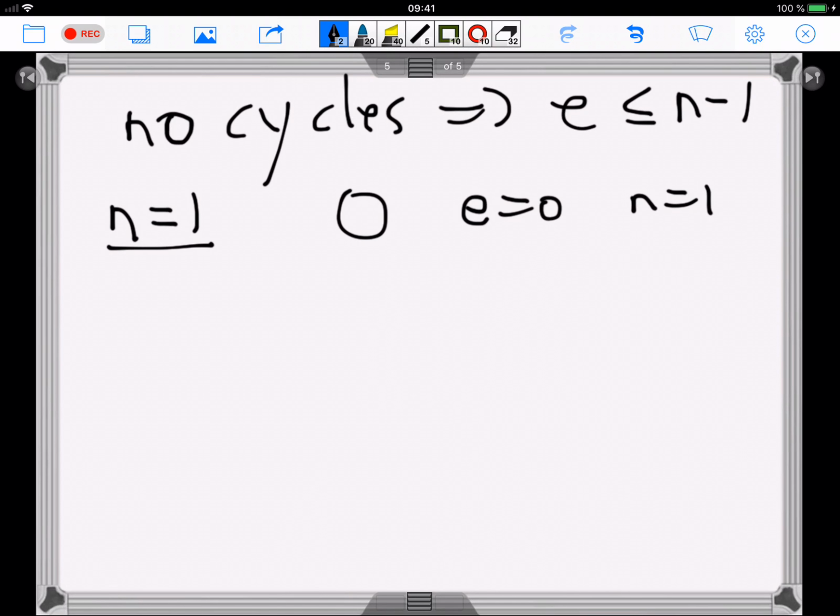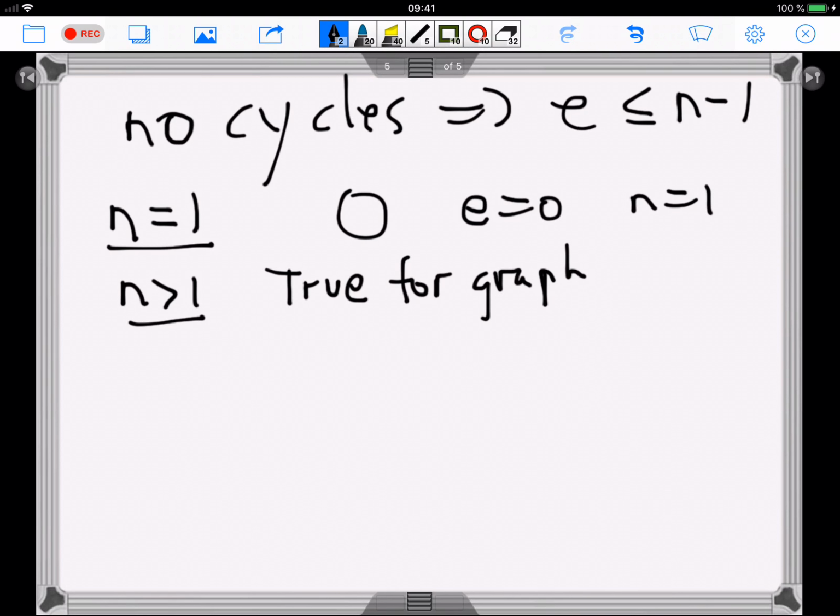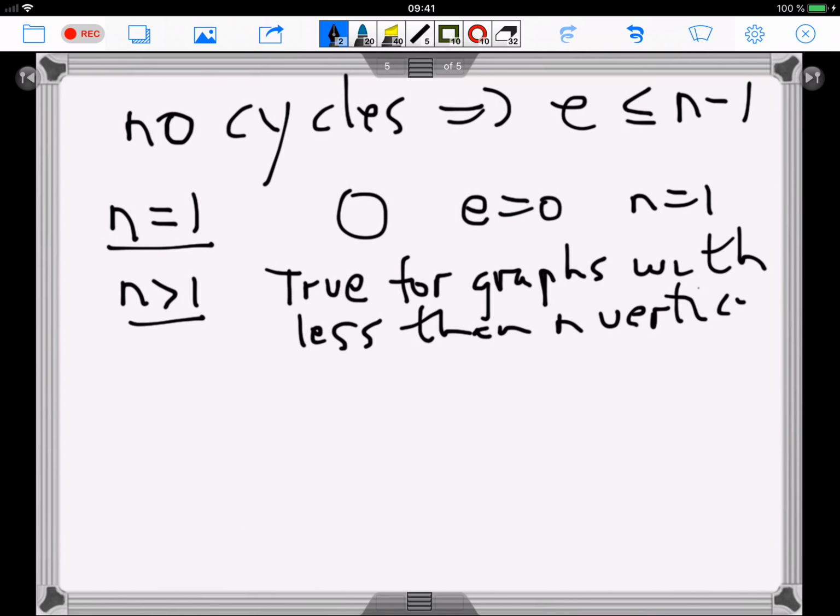So in the base case, the result is true. Now suppose that n is greater than 1, and the result is true for graphs with less than n vertices. This is the typical proof by induction.